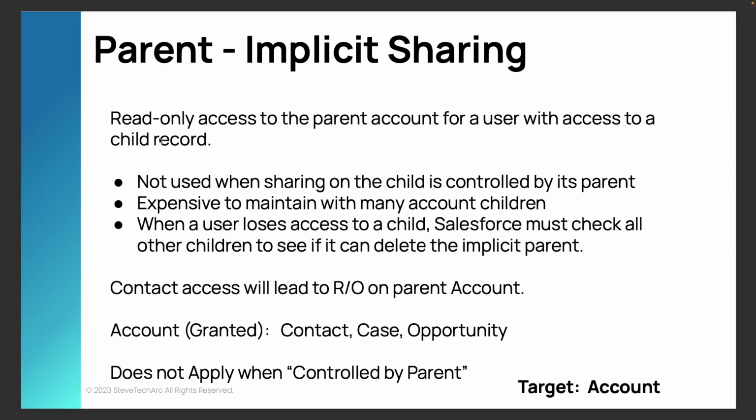When you set that to private, Salesforce will grant automatic read-only access to the parent. That means that if you have a private relationship between the account and the contact, case, and opportunity, and you grant explicit ownership access to one of the children, then it will be seen by the parent.